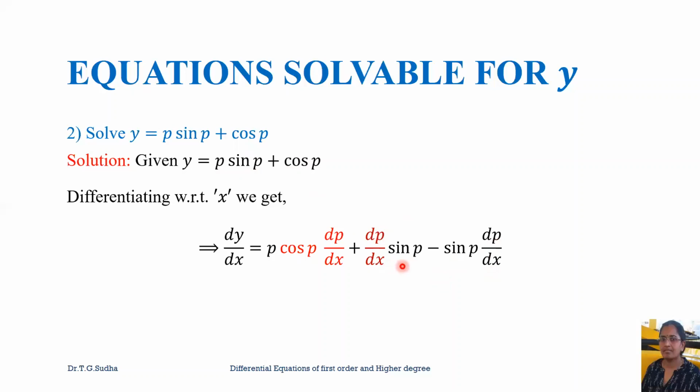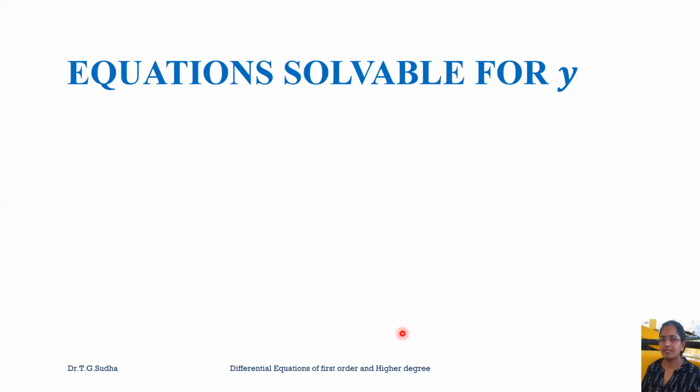Here the second term, sine p into dp by dx, and the last term, sine p into dp by dx with a negative sign, get cancelled, and we obtain only p cos p into dp by dx on the right hand side. Now we substitute dy by dx is equal to p, and that is equal to p cos p into dp by dx. Now let us separate the variables.